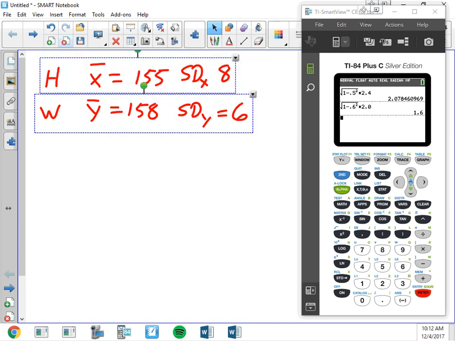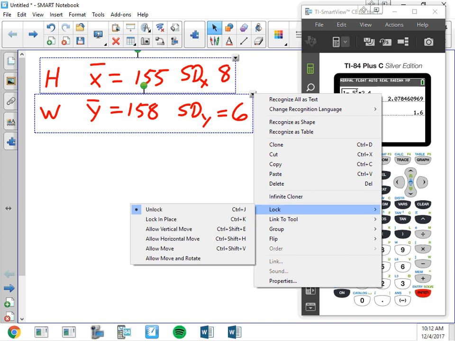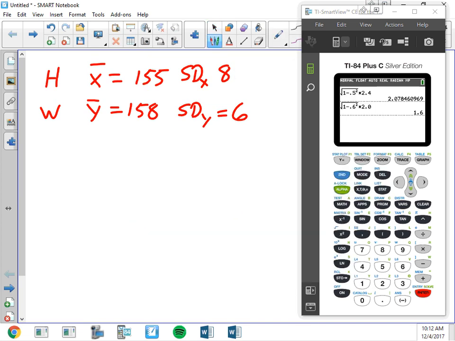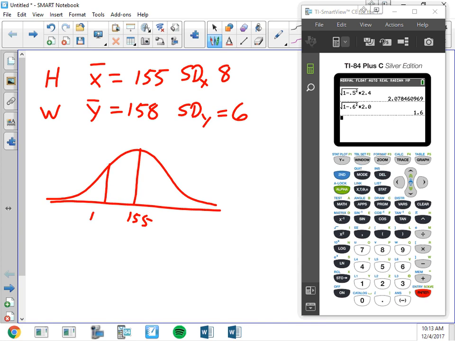We're only dealing with one variable, right? We are only dealing with height. So we use the normal curve. We know that the average height is 155, and the woman we're looking at is 140. So I take 140 and I subtract 155. Why did I do it that way and not the other way?